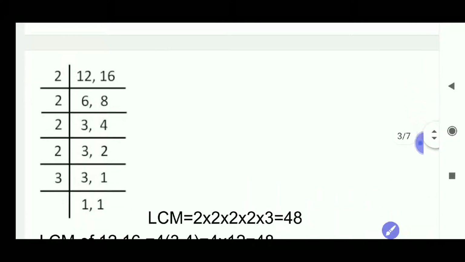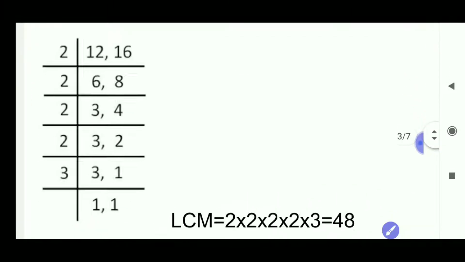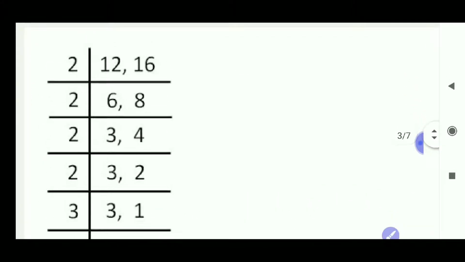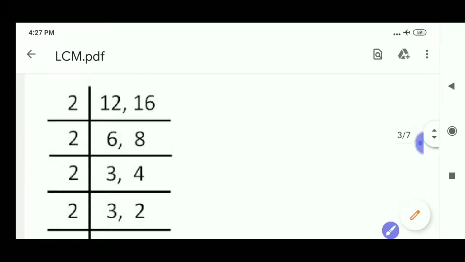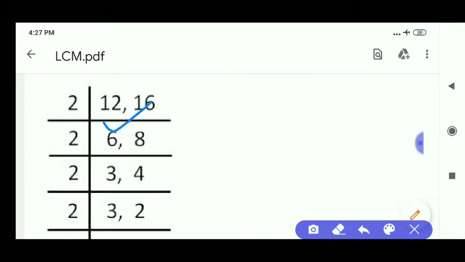Observe this carefully. 12 and 16 are divisible by 2. So 2 6s are, 2 8s are. Again with 2. 2 3s are, 2 4s are. Again with 2. 3 is not divisible by 2, so carry it as it is.